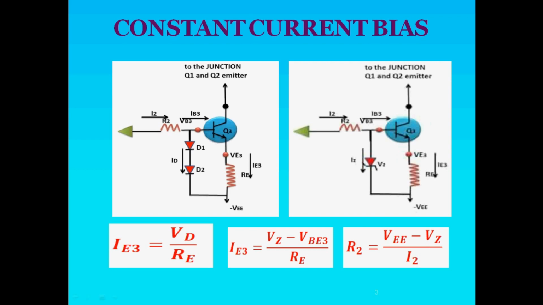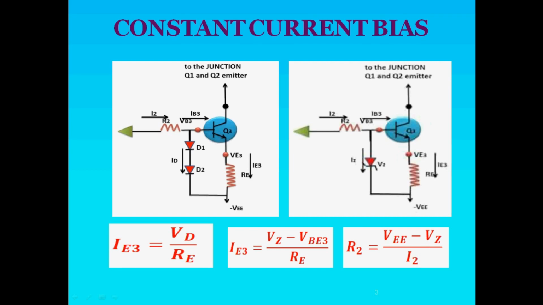Here we have to select the resistor R2 such that this resistor will define the current component I2. As emitter current IE3 is dependent on RE, eventually R2 will define I2, and some component of the current flowing through the base, IB3, is part of I2. Hence, by controlling I2, we can control the emitter current IE3.